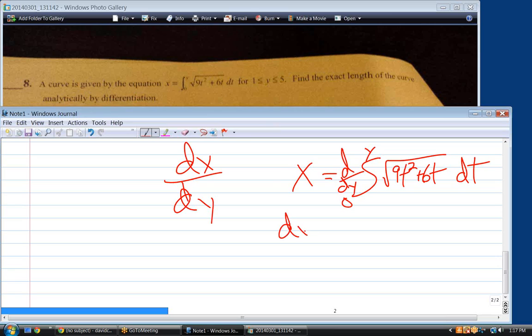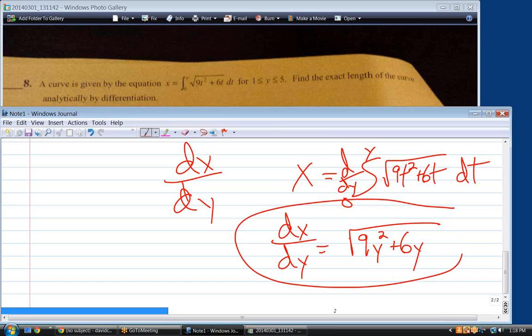So dx dy is equal to the square root of 9y squared plus 6y. That's the truth.